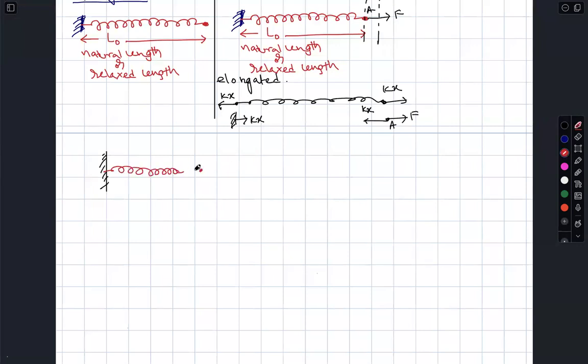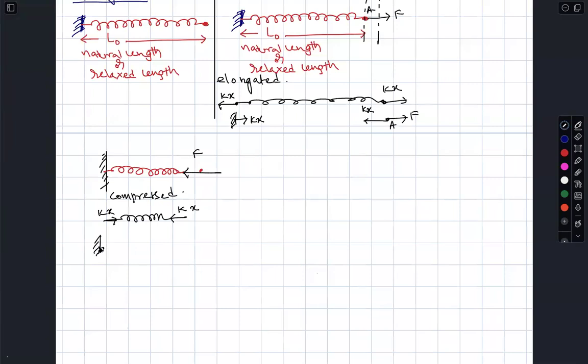This is the natural length actually, and you have applied a force F like this. This case is called a compressed state. In this case, the free body diagram of the spring will be like this. Kx, Kx. On the spring, the force is like this.